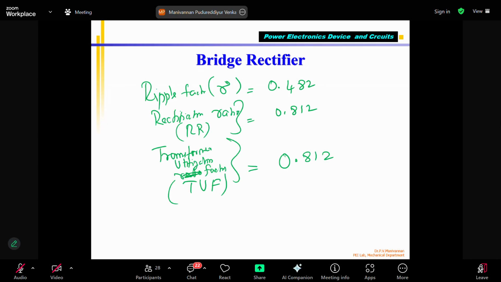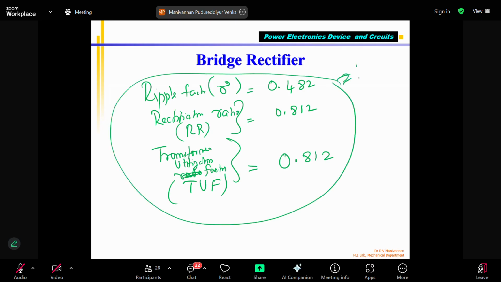From this, you can see that these values are almost the same as the full wave rectifier. In the previous slide we talked about the full wave rectifier also: ripple factor 0.482, rectification ratio 0.812, and TUF also this. For the full wave bridge rectifier, both are the same.